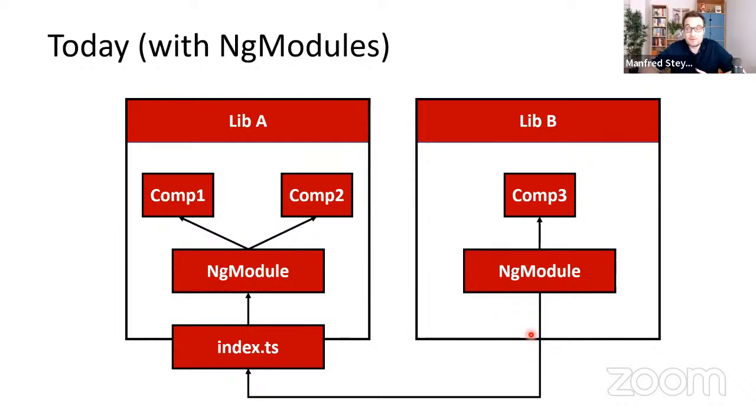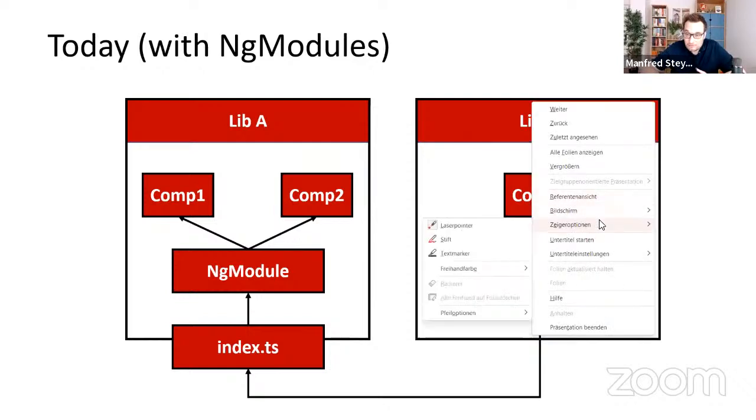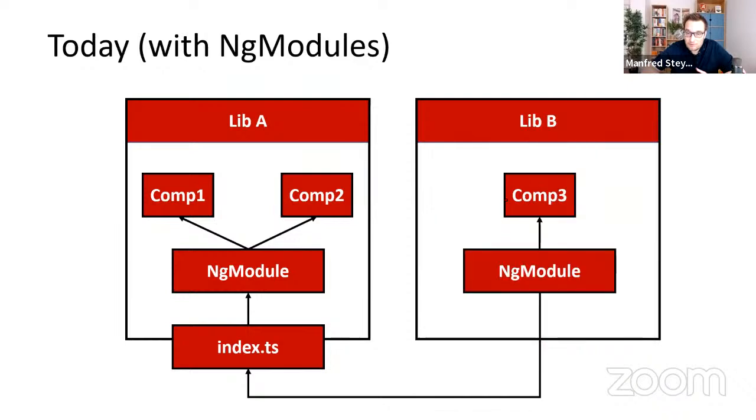However, this is really weird because now component 3 is allowed to access component 2, even though there is no directed way to component 2. There is no directed path because this arrow is pointing in that direction. However, let's assume tomorrow we get standalone components.